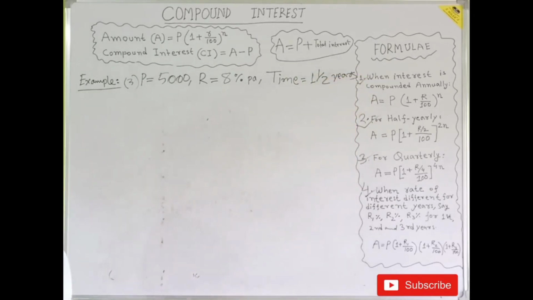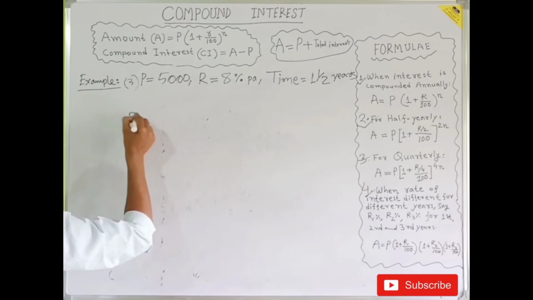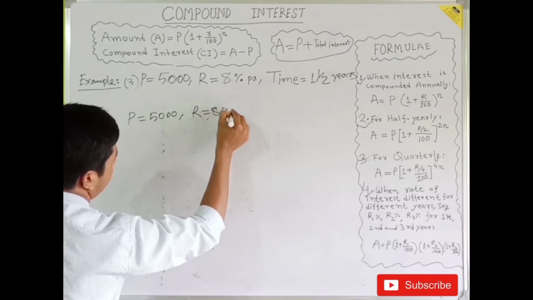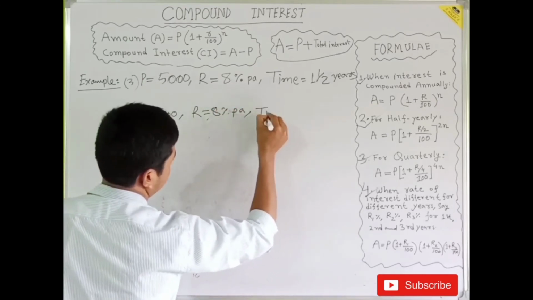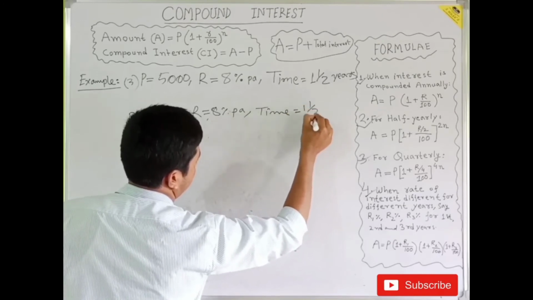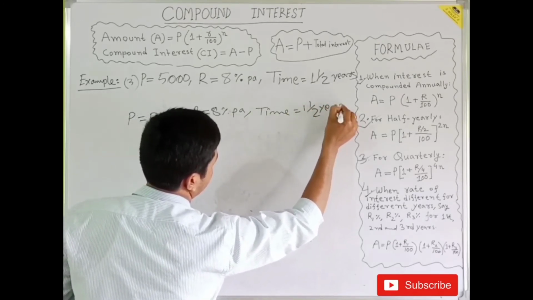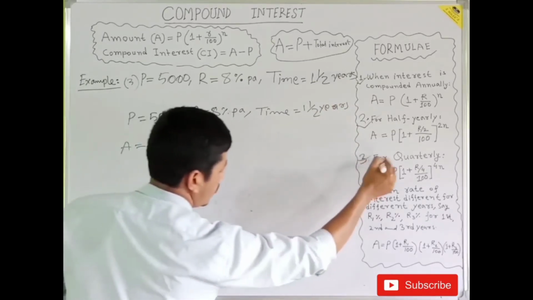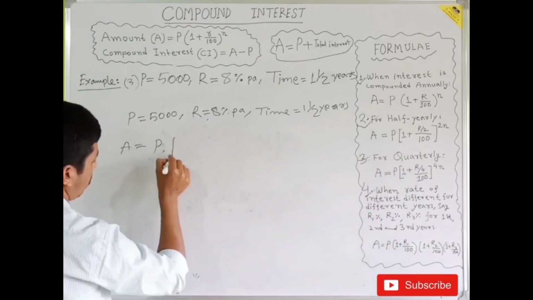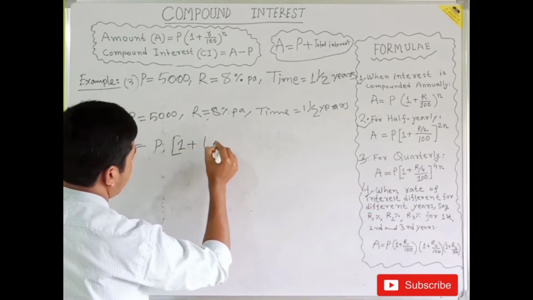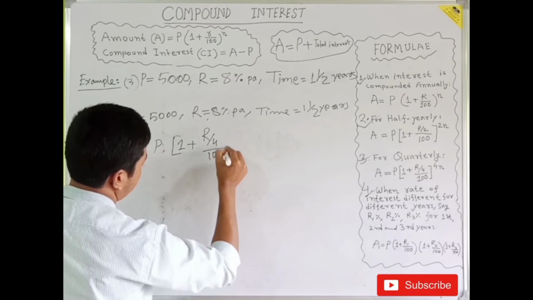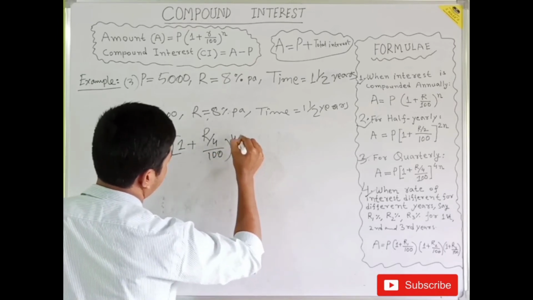How do we calculate compound interest quarterly? It is explained with the help of this formula. Look, if principal is 5,000, rate of interest 8% per annum, time 1.5 years, then amount in this formula is P into 1 plus R by 4 divided by 100, to the power 4 into n.